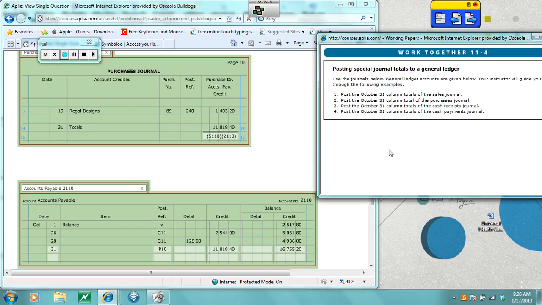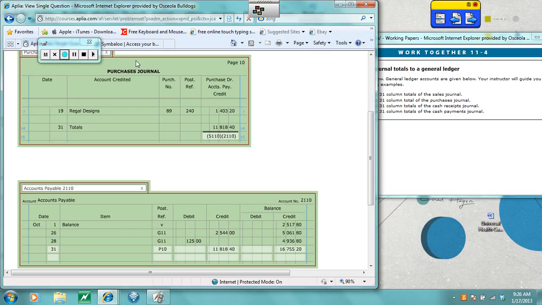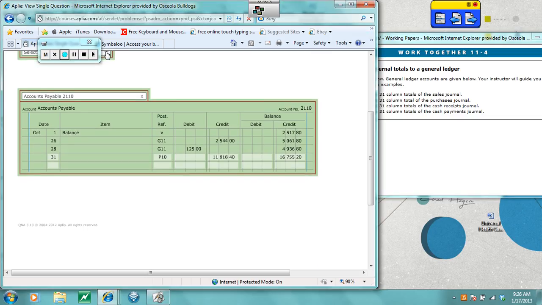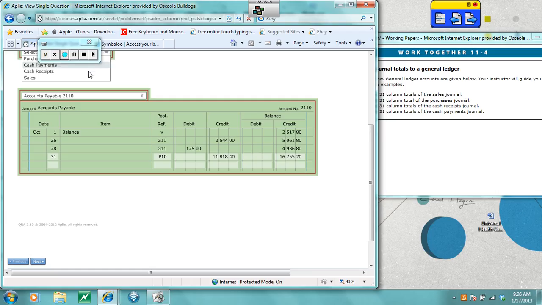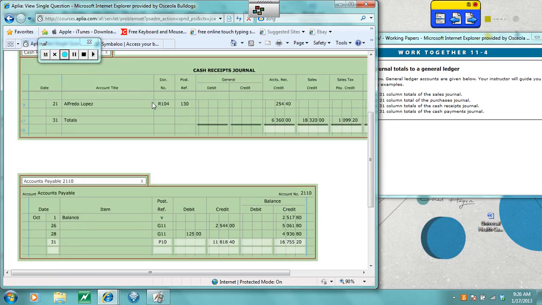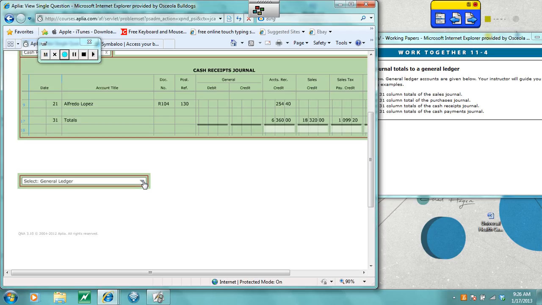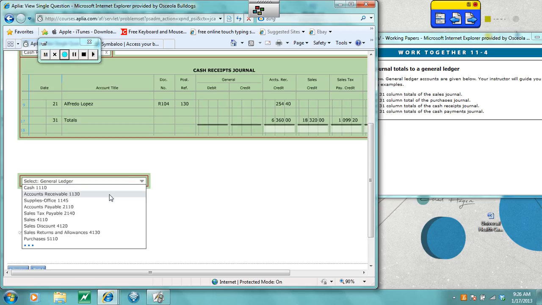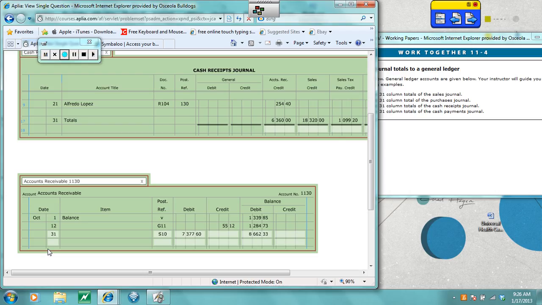Okay, next we need to do the cash receipts journal. You want to do it in the order that they tell you to. Okay, we're posting this total. Accounts receivable, and it's a credit. CR.